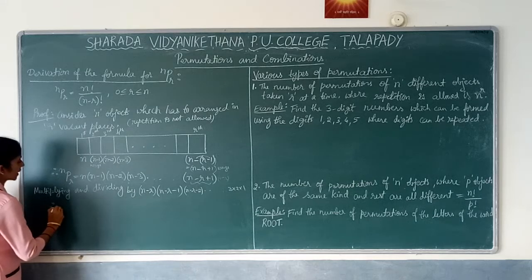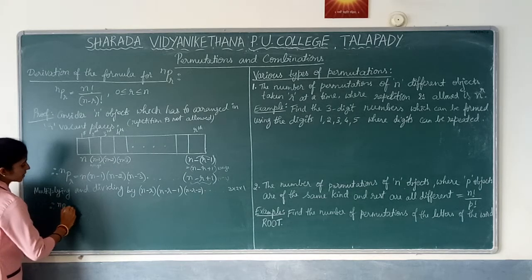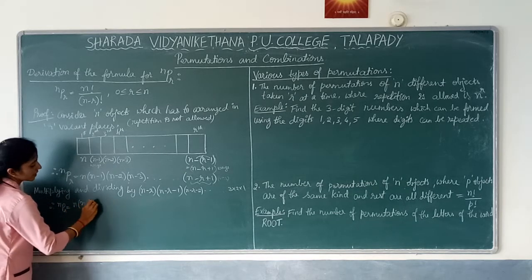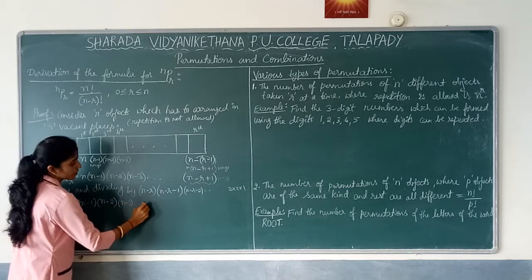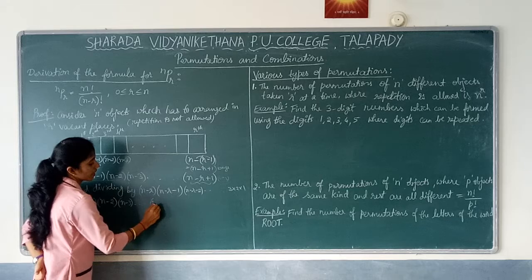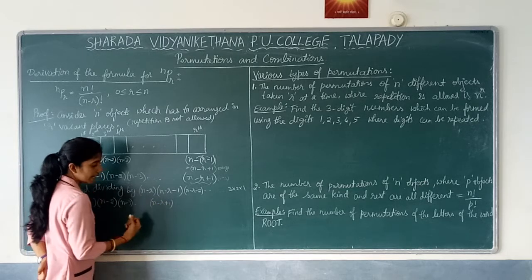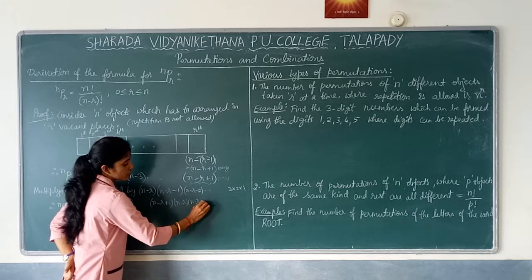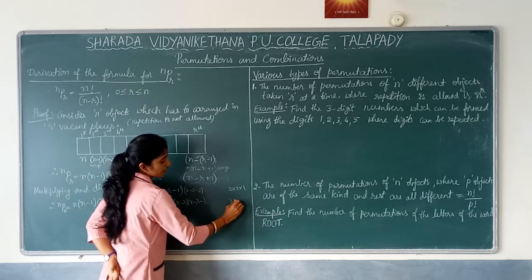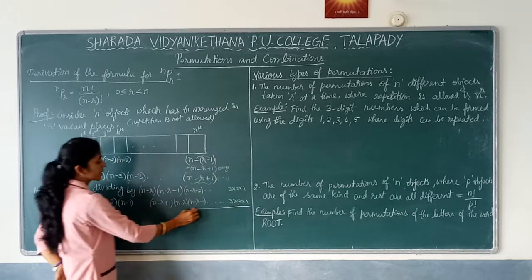Okay. Therefore we get nPr is equal to n into n minus 1 into n minus 2 into n minus 3, and so on, whatever I had there before, up to n minus r plus 1. But I multiplied n minus r into n minus r minus 1, and so on till 3 into 2 into 1, and I have divided also.